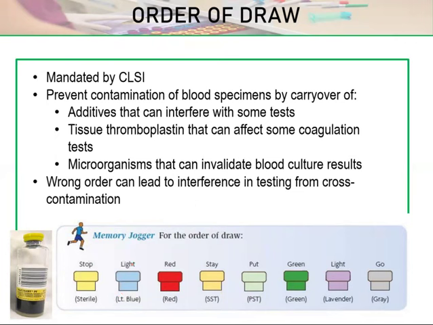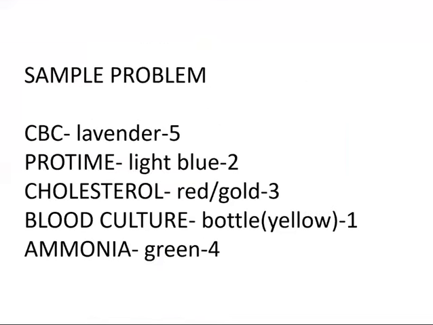Okay, so let's have a practice sample problem on how to apply the order of draw. For example, the patient's request is CBC, protein, cholesterol, blood culture, and ammonia. The second thing that we are going to do, class, is to identify which evacuated tube each goes into.